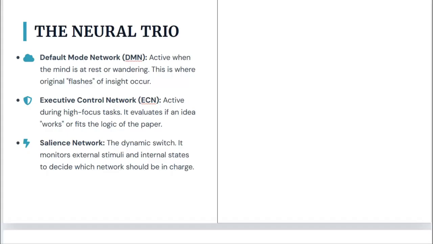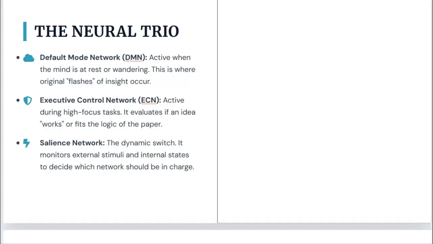Then you have the ECN, the executive control network. This is active during high-focus tasks. This is where you start determining if an idea works or if it fits the logic of the paper or the idea.